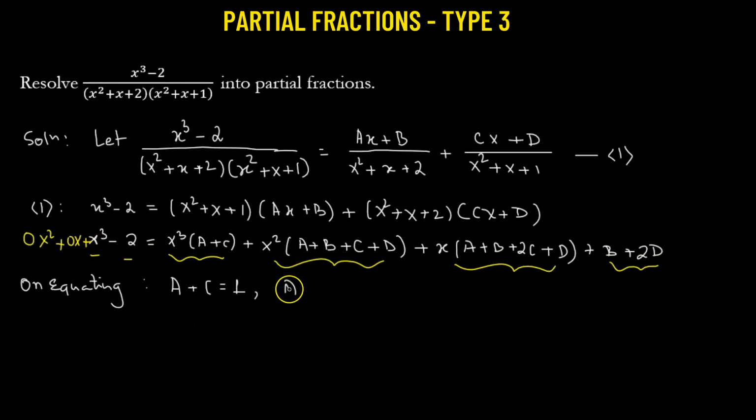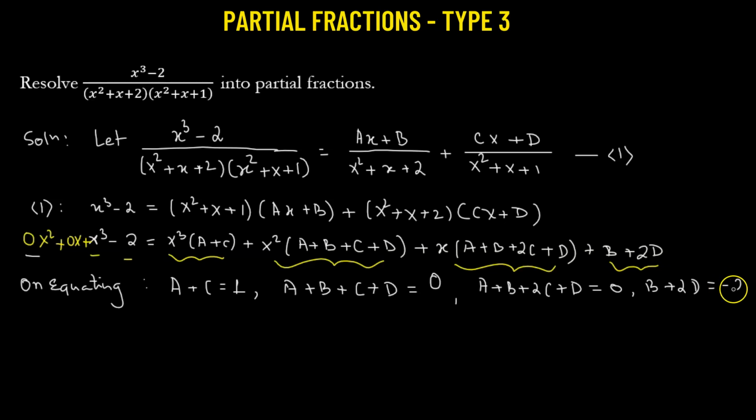Then the next coefficient, of x squared, a plus b plus c plus d, is going to be equal to the coefficient of x squared on the left hand side, that's 0. Then we have a plus b plus 2c plus d, the coefficient of x on the right hand side, and this will be equal to the coefficient of x on the left hand side, which is 0. And then we have b plus 2d, the constant term, that's equal to negative 2.